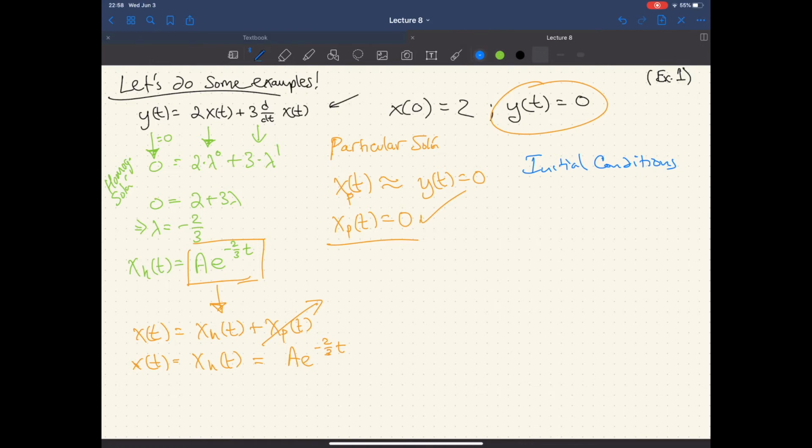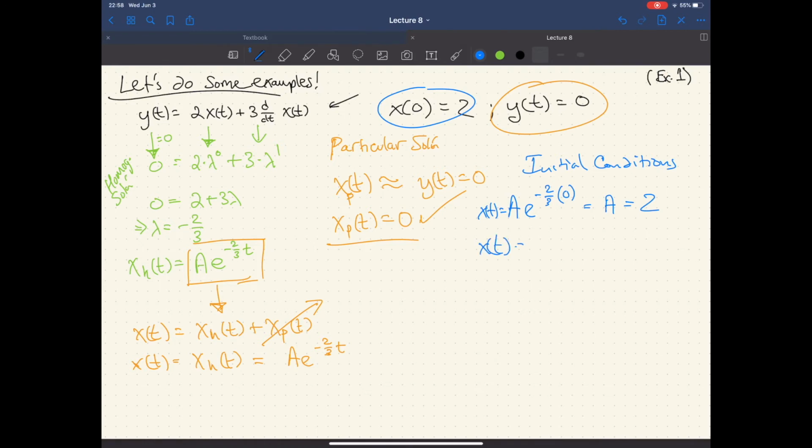All right, so we apply initial conditions. X of 0 is equal to 2. a e to the minus, remember this is x of t, not our differential equation, just x of t. Evaluated at 0, well, e to the 0 is just 1, so this is equal to a, but we said, hey, this was equal to 2, so, oh, hey, a is equal to 2.